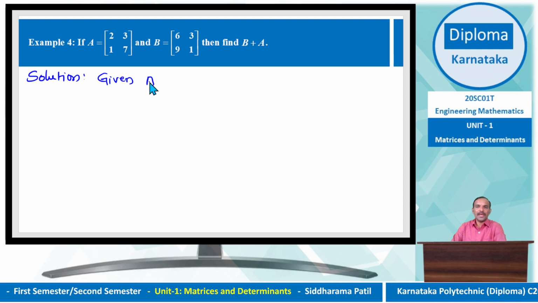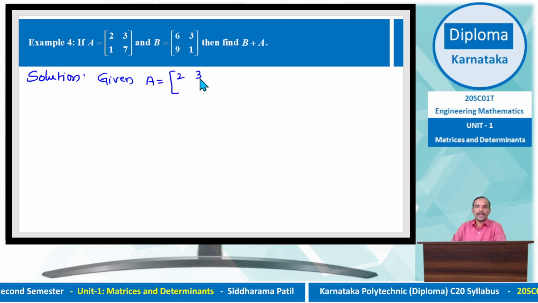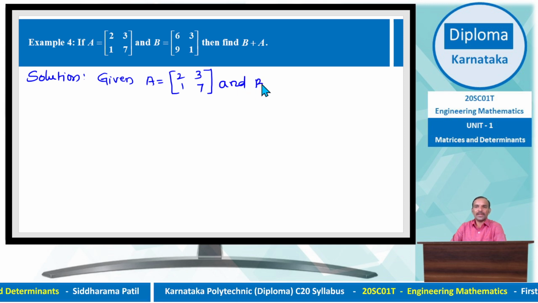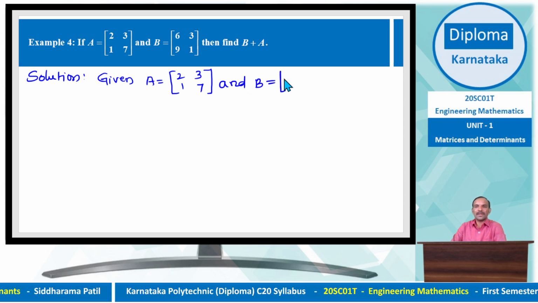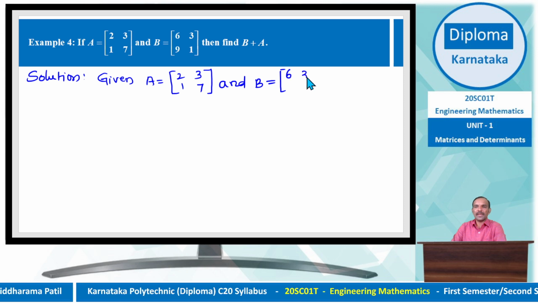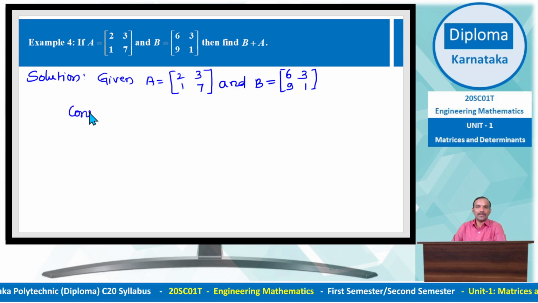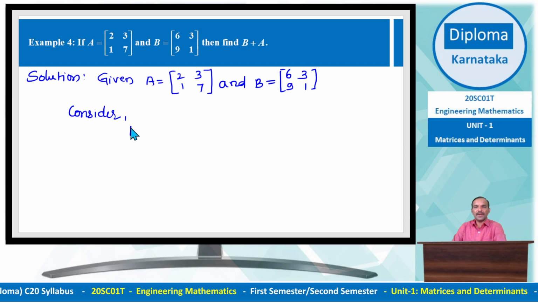Given A equal to 2, 3, 1, 7 and B equal to 6, 3, 9, 1. Consider what you have to find out: B plus A.